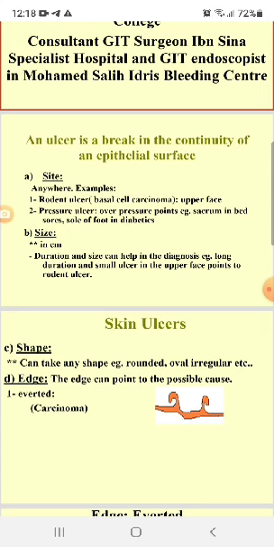I better comment here. Duration and size can help in the diagnosis, e.g. long duration and a small ulcer in the upper face points to rodent ulcer. This is specific for the rodent ulcer. But usually long duration goes with benign ulcers. And the size of the ulcer in trauma depends on the traumatic thing.